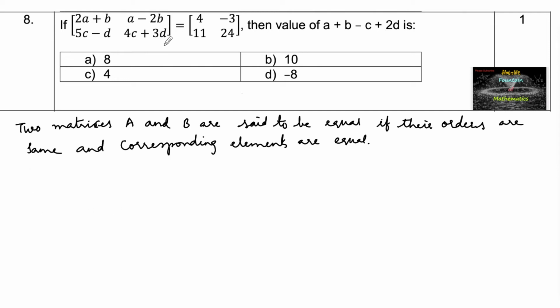So here in these given matrices, 2A plus B, A minus 2B, 5C minus D and 4C plus 3D is equal to 4 minus 3, 11, 24.